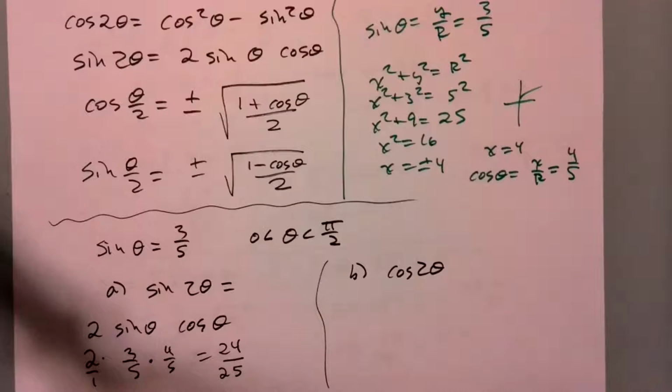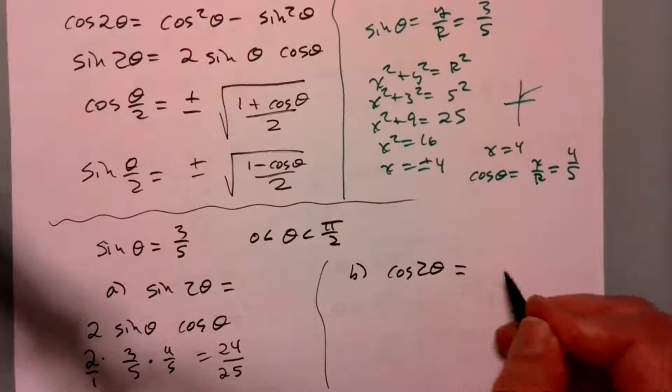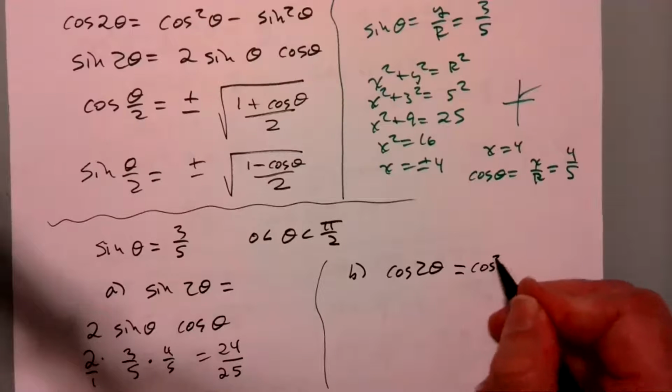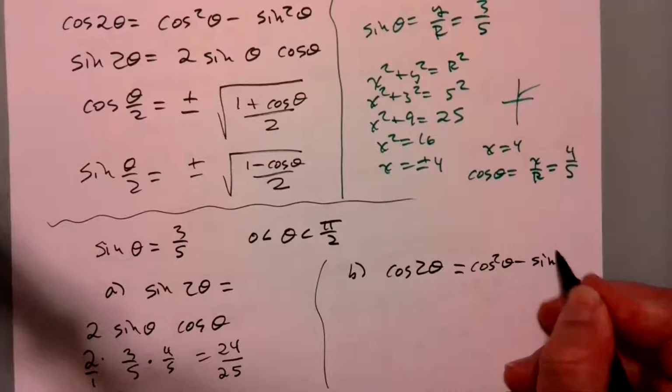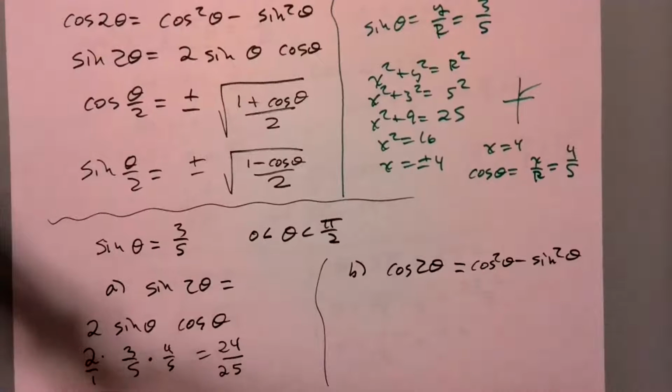Regarding cos of 2 theta, let me see if someone can write that answer down. Our identity for cos 2 theta is cos squared theta minus sine squared theta. So I'll give it a minute to see if somebody can write that answer. See what we get.